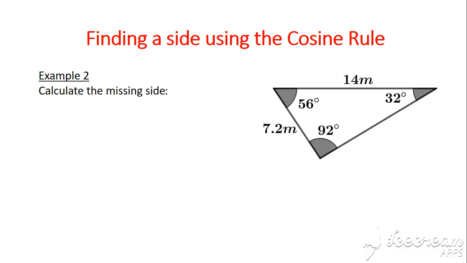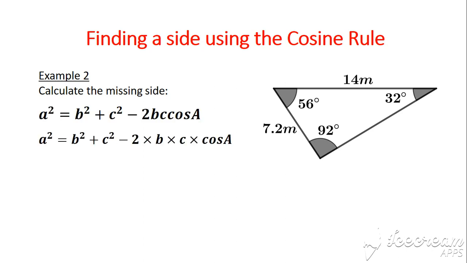Alright, another example. Calculate the missing side. So here's our rule, and we write it out properly. Now, we need angle A and lengths B and C. Now, the missing side we're going to call A, which means the opposite angle is angle A. And again, angle B and length B, angle C and length C. Now, it doesn't matter which way around B and C go.